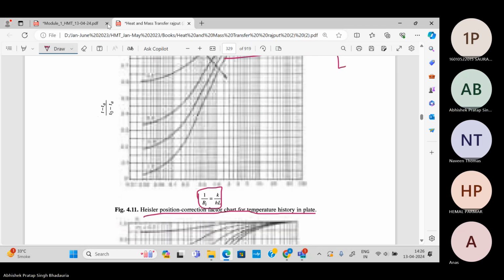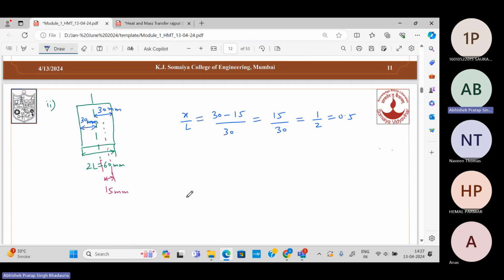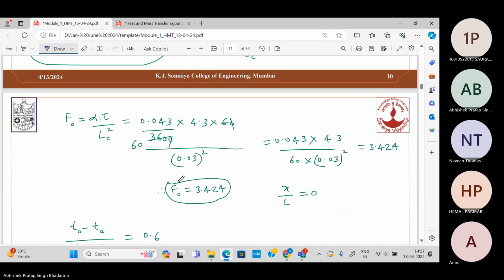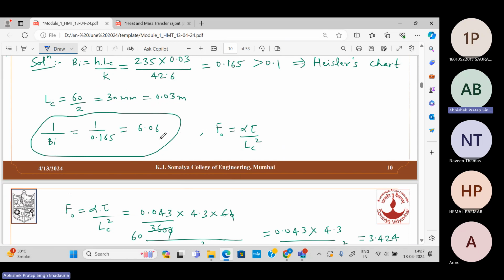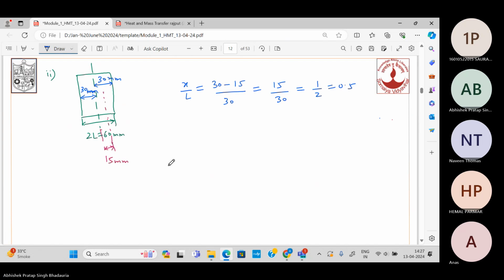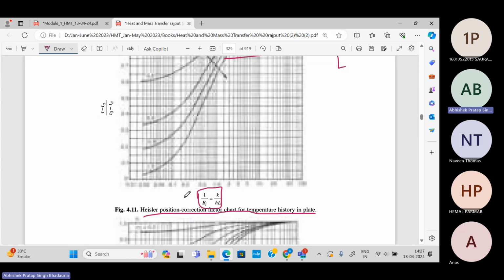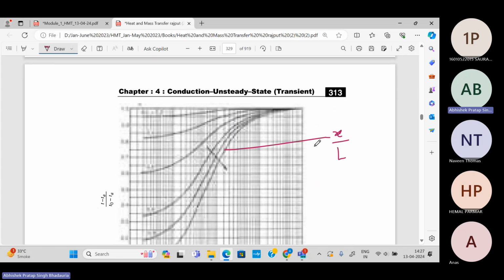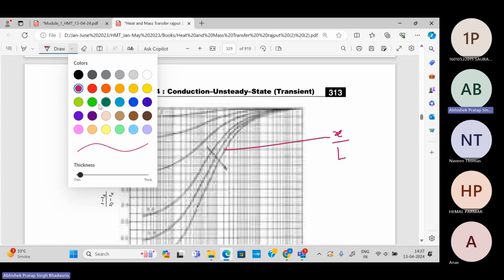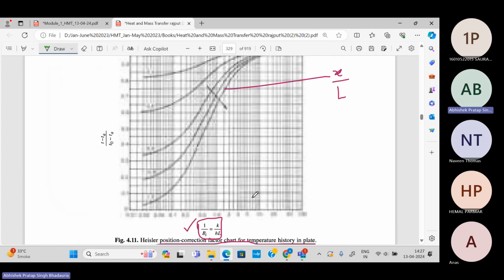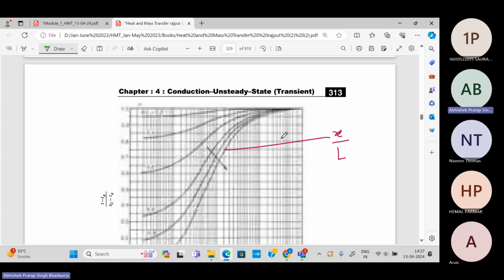We have already calculated 1 upon Biot number, which is 6.06, and we have already calculated x by L. On the basis of 1 upon Biot number and x by L, we can locate a point on the curve.